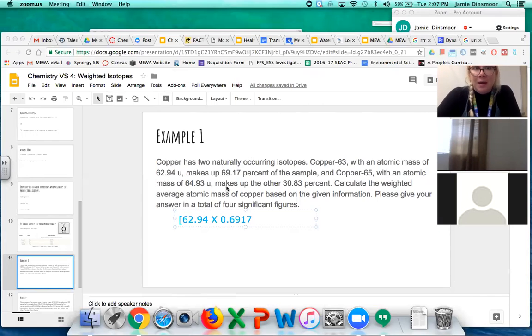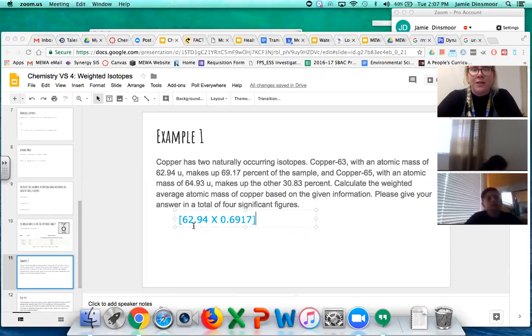All I did was take my percent and move my decimal 2 places to the left. That's what you're going to do every single time. That's a shortcut, by the way. If you're ever trying to find 69% of something, you just multiply by 0.69. So in this case, we move our decimal over 2 places so that we're actually finding the percent of 62.94.